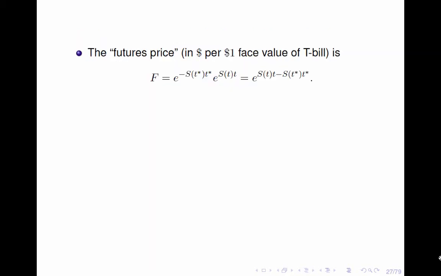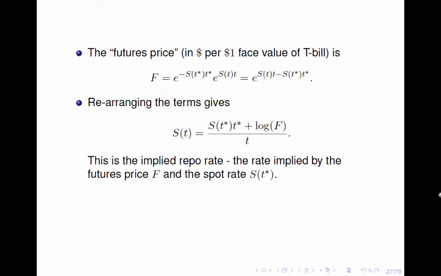Then, the futures price of the T-bill in dollar per $1 face value can be calculated as follows. More precisely, the first term is the present value of the $1 face value at time T star, and the second term brings forward the present value to the future time T. Rearranging the terms, we can obtain the implied repo rate, ST. From the formula, it is clear that the rate is implied by the futures price F and the spot rate, ST star.